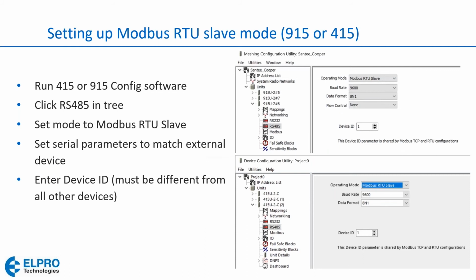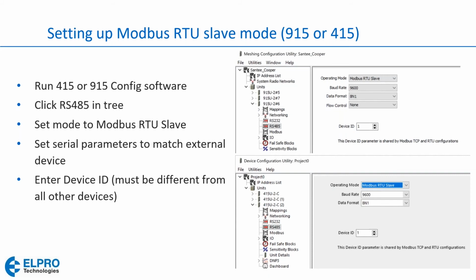Okay, so now to get to the heart of it, how to set up Modbus RTU slave mode. And what we're going to do is run through all the possible modes. So we're going to talk about RTU slave and master mode, and then Modbus TCP client and server mode. Now, with the 915 and 415 U2 radios, we have a Windows-based configuration utility. So setup is pretty straightforward.